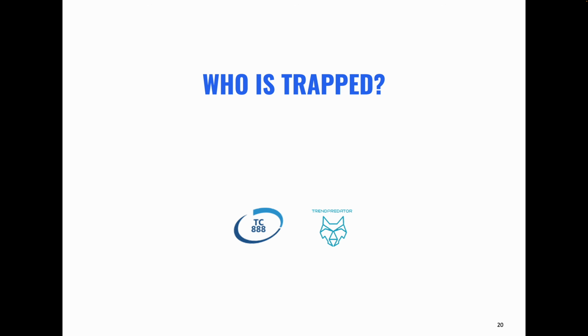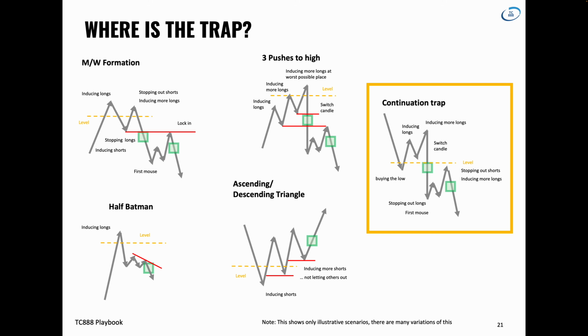First is who is trapped. There are a couple of different traps to look at, and I have all of those in my playbook. The classic ones are MW formations, half Batman, three pushes to the high, and ascending or descending triangles. Very important for me is also the continuation trap.